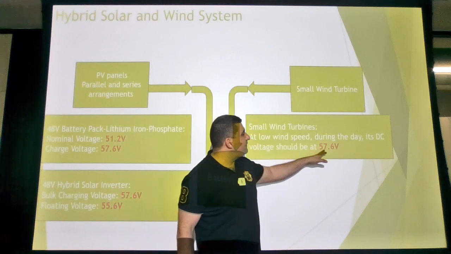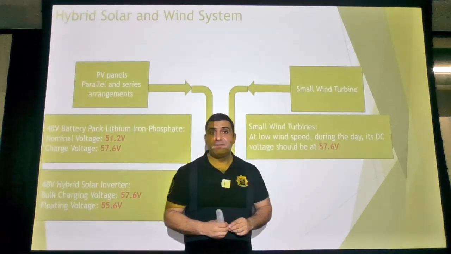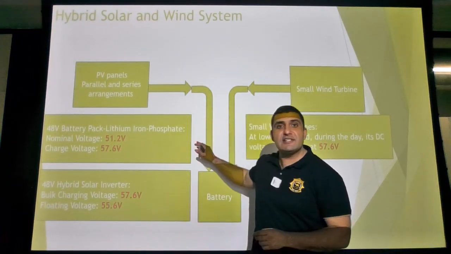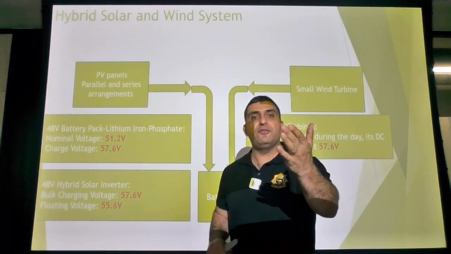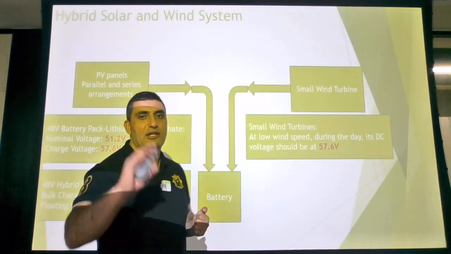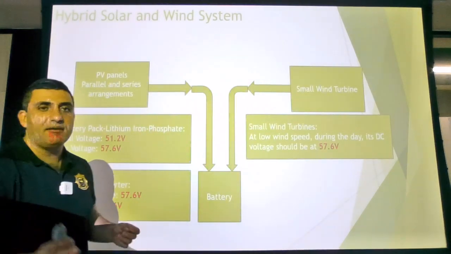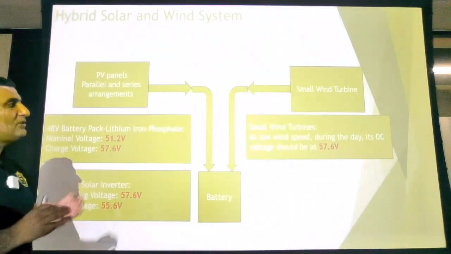For you to reach 57.6 volts on a 48 volt system, your speed might be 30 or 35 kilometers per hour, so about 10 meters per second of wind.